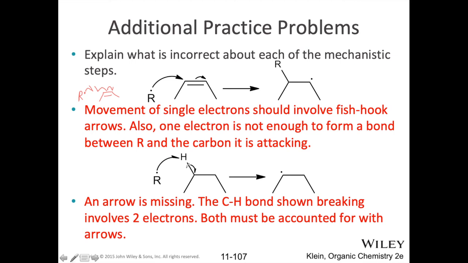So what we're missing here is we needed another arrow to come up here and meet this one to form this bond. It's not shown, but you have RH as your other molecule that's leaving here. And then this 1 electron from this bond forms this radical. So they got this arrow right. They just forgot the second arrow showing that the second electron from this covalent bond goes into forming this bond over here.